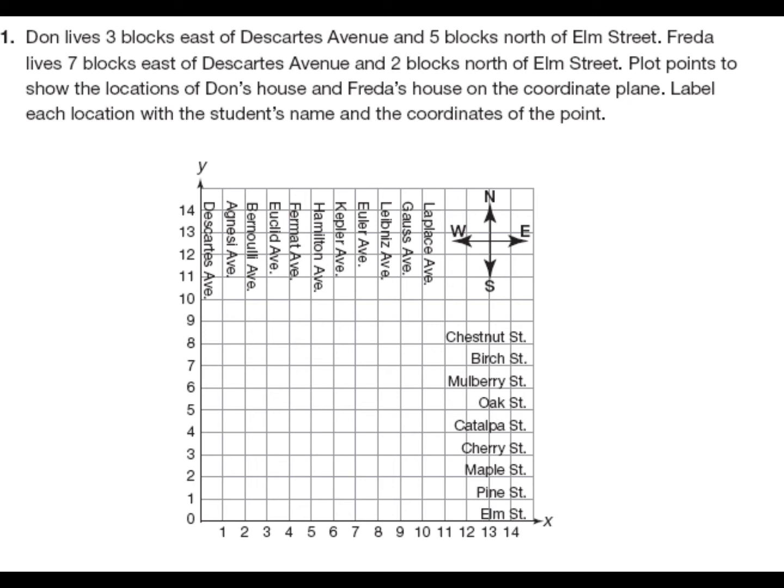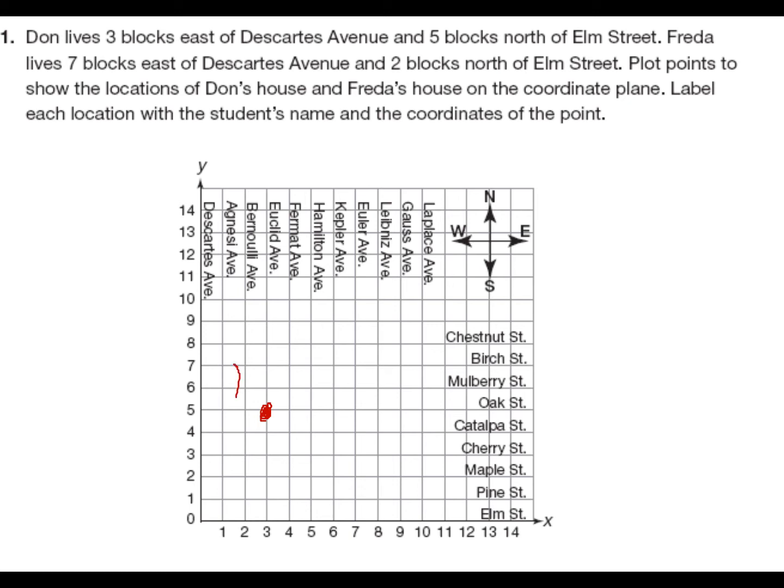So back on page 6, they're saying that Don lives 3 blocks east of Descartes Avenue, and these are mathematicians' names. So he's over here 3 and 5 blocks north of Elm. So he's at 3, 5.